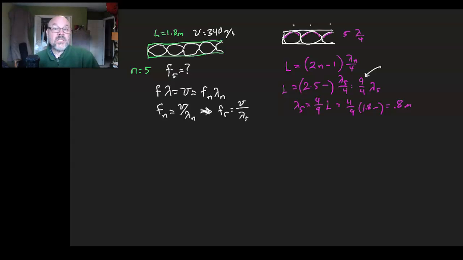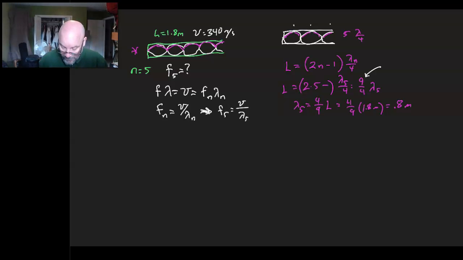Let's double check that there are 9 quarters: 1, 2, 3, 4, 5, 6, 7, 8, 9. There we go. So this n equals 5 standing wave in an antisymmetric pipe has a shape like this.